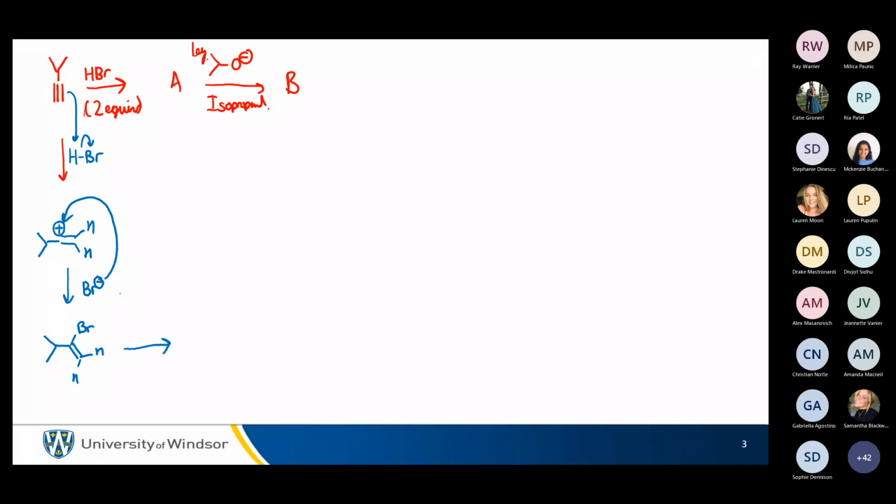We treat this with HBr. Now, not only is it secondary, it also has resonance from the bromine that can donate in. And so, of course, we are going to generate this guy.